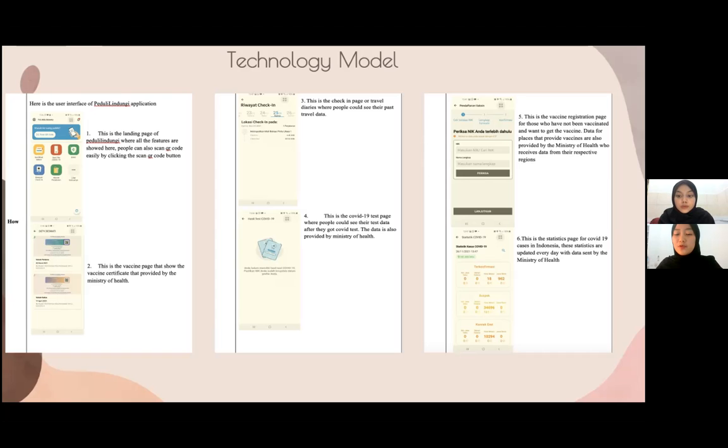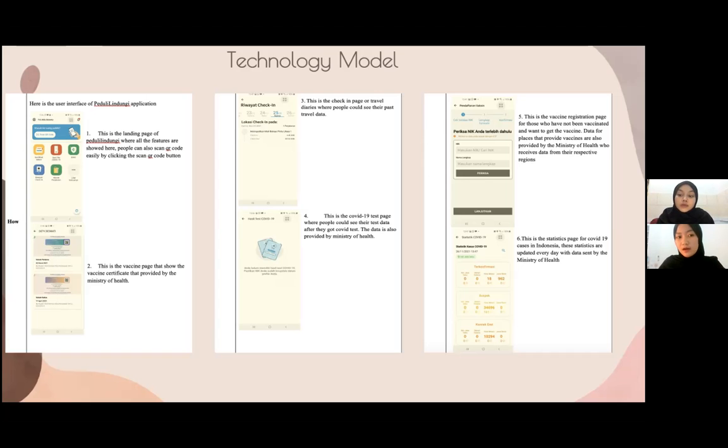Data for places that provide vaccines are also provided by the Ministry of Health, who receive data from their respective regions. And the sixth one is the statistics page for COVID-19 cases in Indonesia. These statistics are updated every day with data sent by the Ministry of Health.